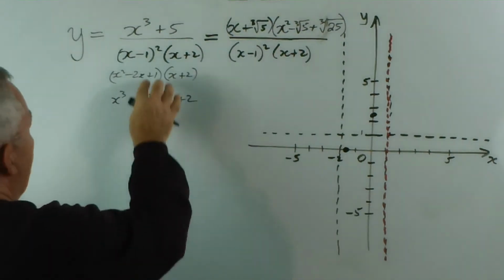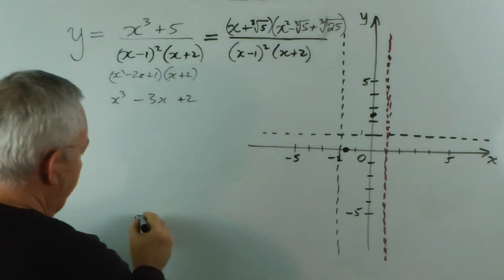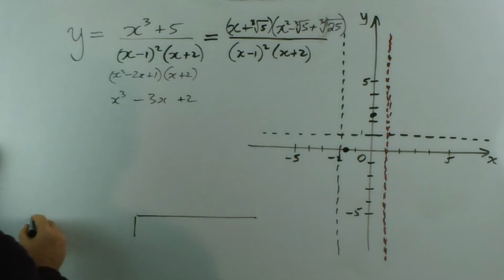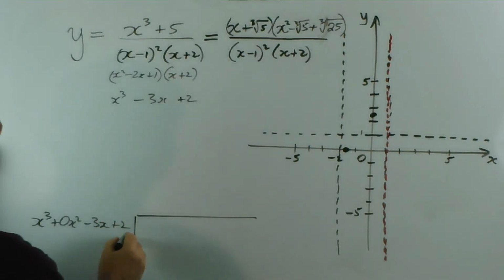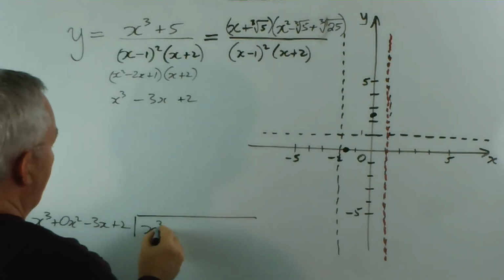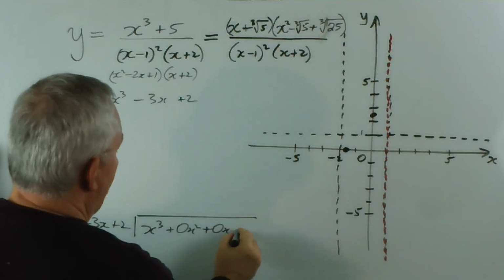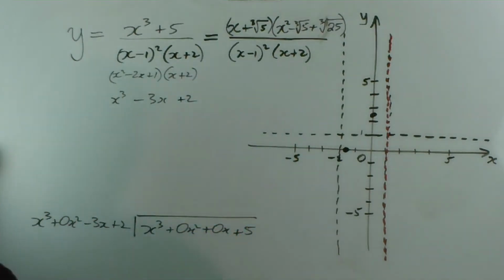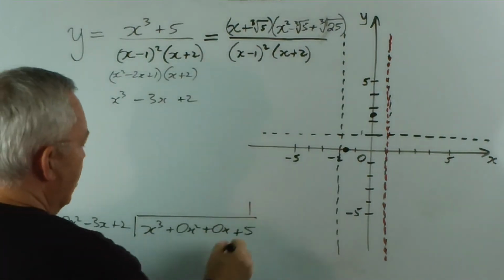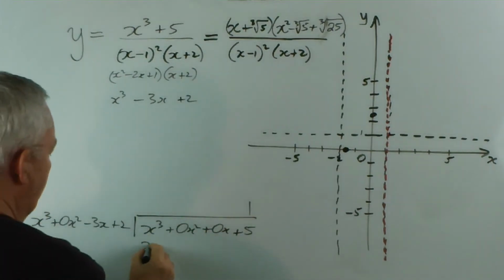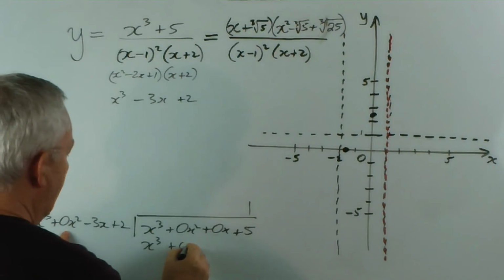So we need to divide that into this. Let's have a look. x cubed, no x squareds, minus 3x plus 2. We're dividing it into x cubed, no x squareds, no x's, and a 5. x cubed into x cubed goes once, so we just multiply by 1, which means copy it out.